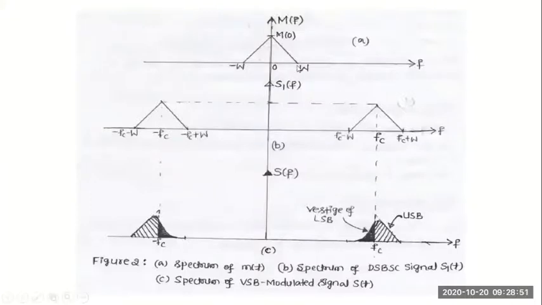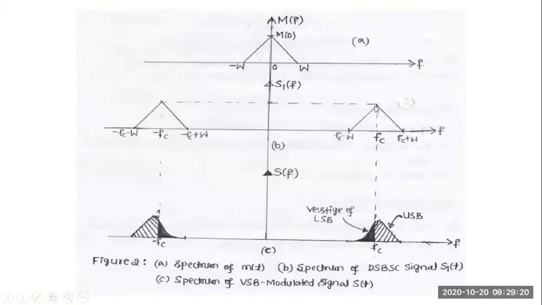Yeah, look at this waveform. From whatever block diagram we had designed, this was your initial message M(f), a band limited message which is limited to the frequency range 0 to W. Okay, this was your band limited message. Now, once you multiply it with the carrier, this signal shifts to the frequency fc, the carrier frequency.